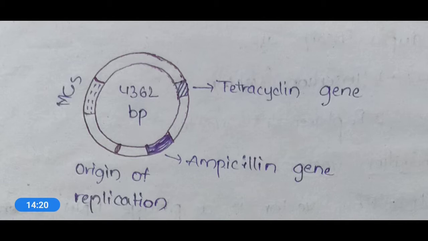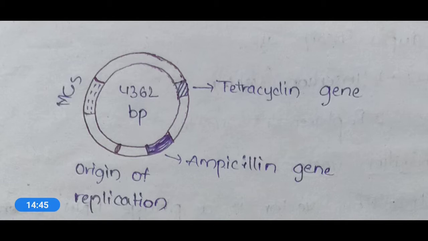When we discussed types of plasmids based on functions, pSC101 is an R plasmid, and it has resistance towards the tetracycline antibiotic.